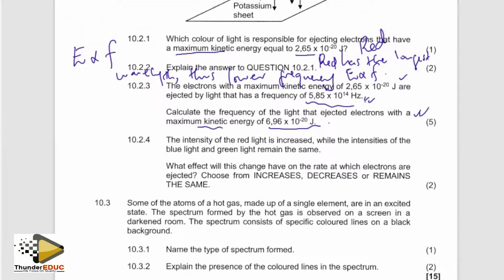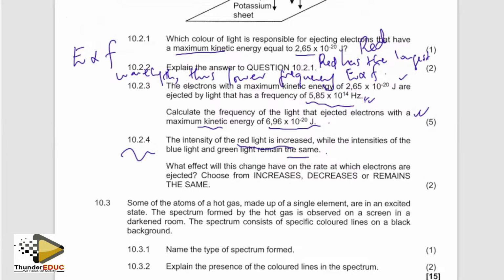All right, so guys, that is 10.2.3. Then 10.2.4, they're telling us that the intensity of red light is increased, while the intensities of blue light and green light remain the same.